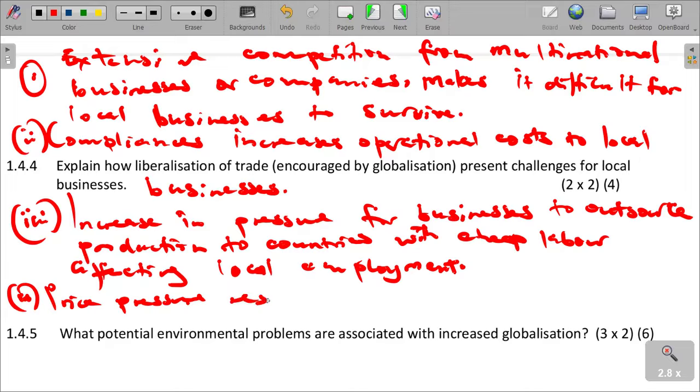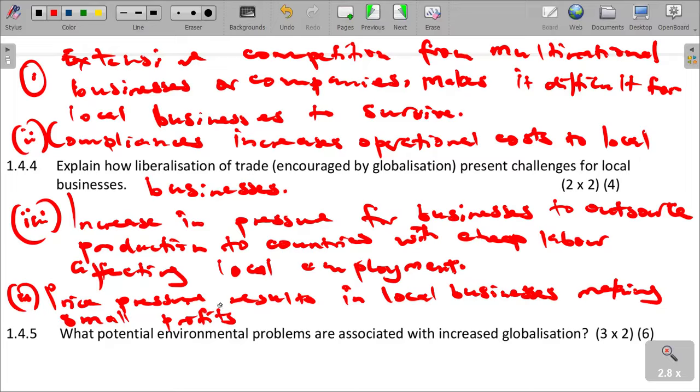Price pressure results in local businesses making smaller profits, because the international market is so competitive that they cannot remain competitive if they don't reduce their prices.